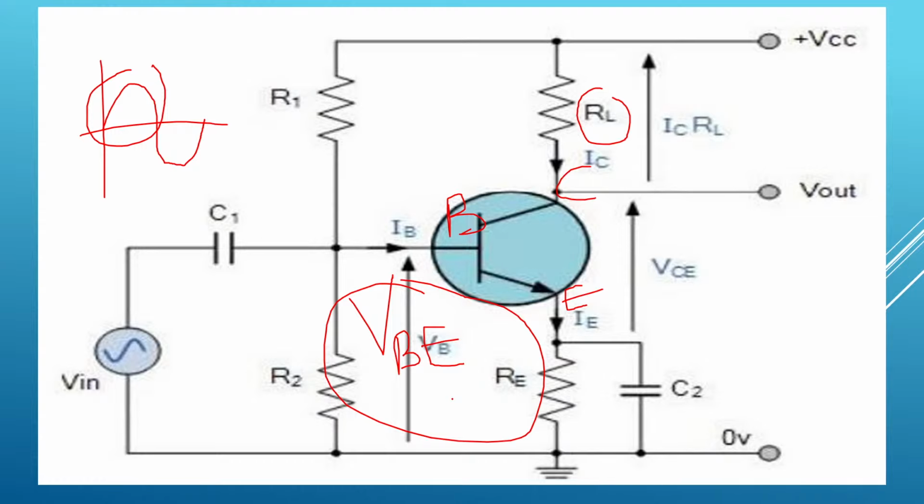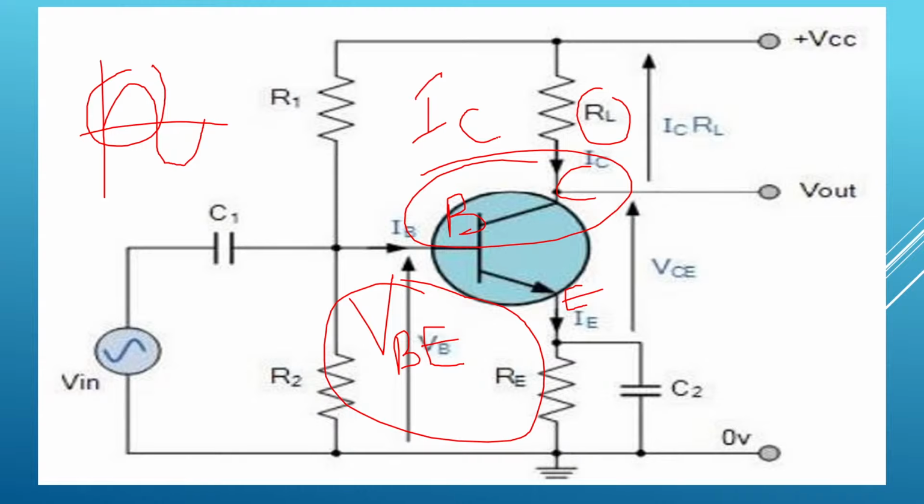And as the forward bias voltage is decreasing, what will happen? Collector base junction voltage will also start to decrease. When collector base junction voltage is decreasing, collector current IC will also decrease. This is during the negative half cycle.